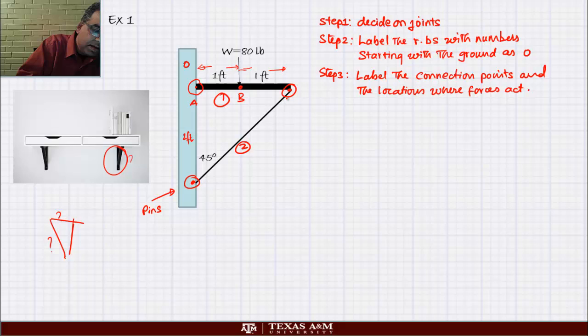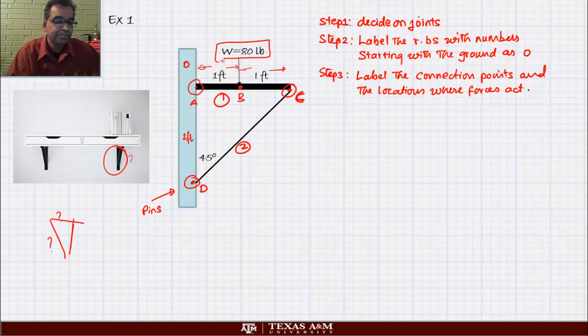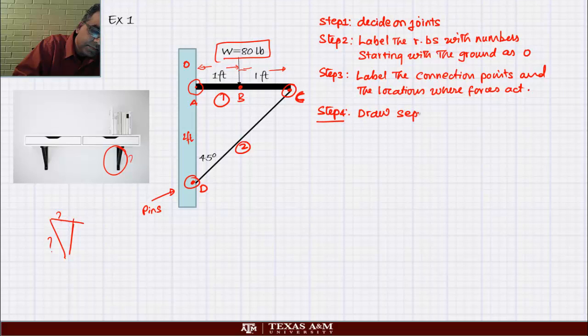So we have A, B, this point is going to be called C, and this point is going to be called D. A, C and D are places where things are connected, and B is the place where the weight W equal to 80 pounds acts. Now step 4, draw separate FBDs for each.